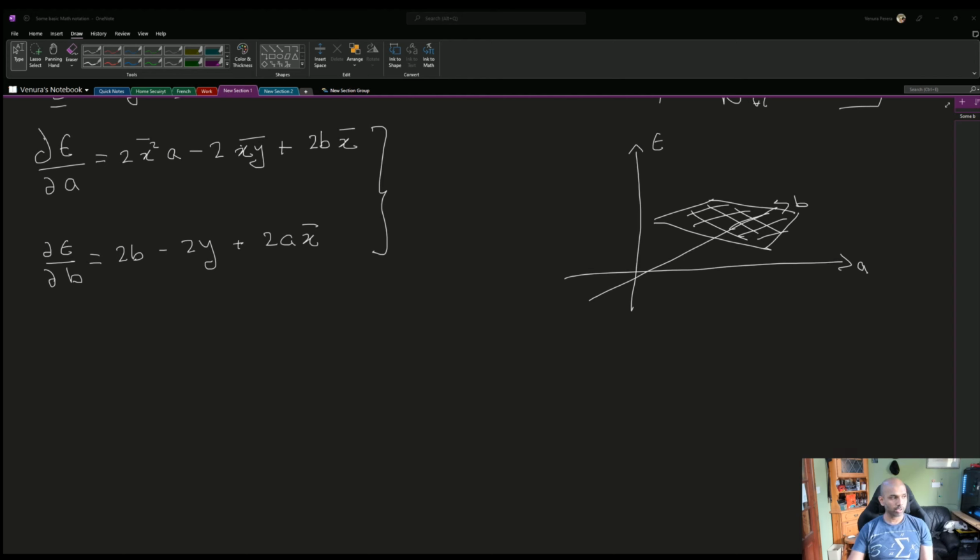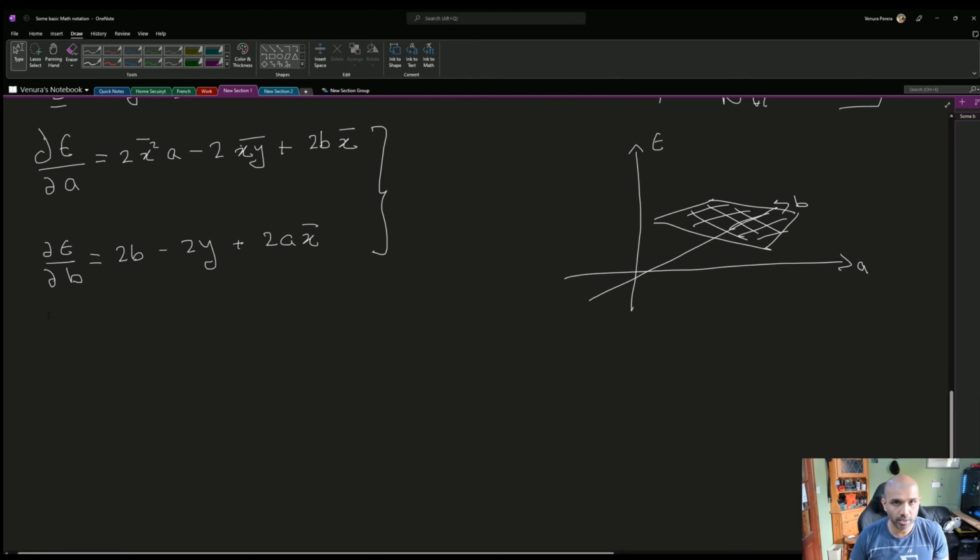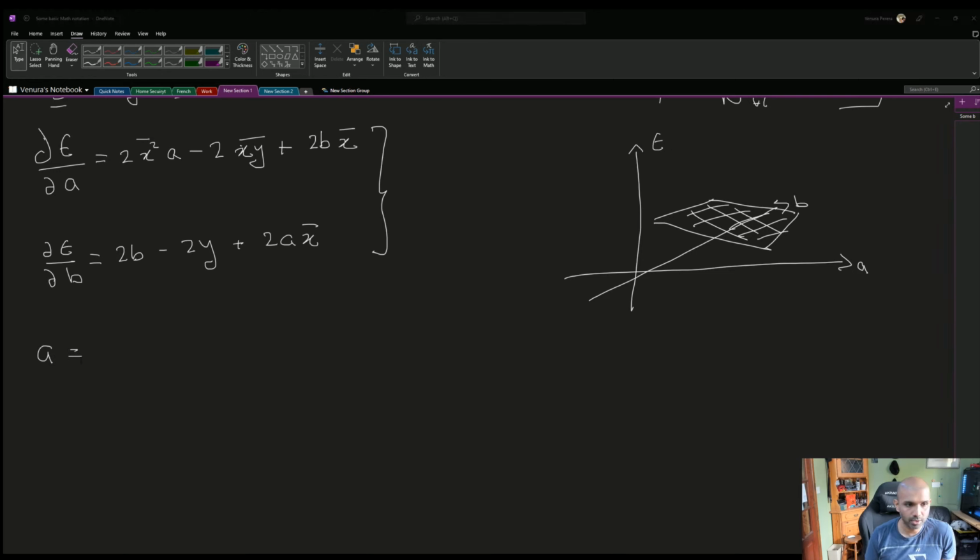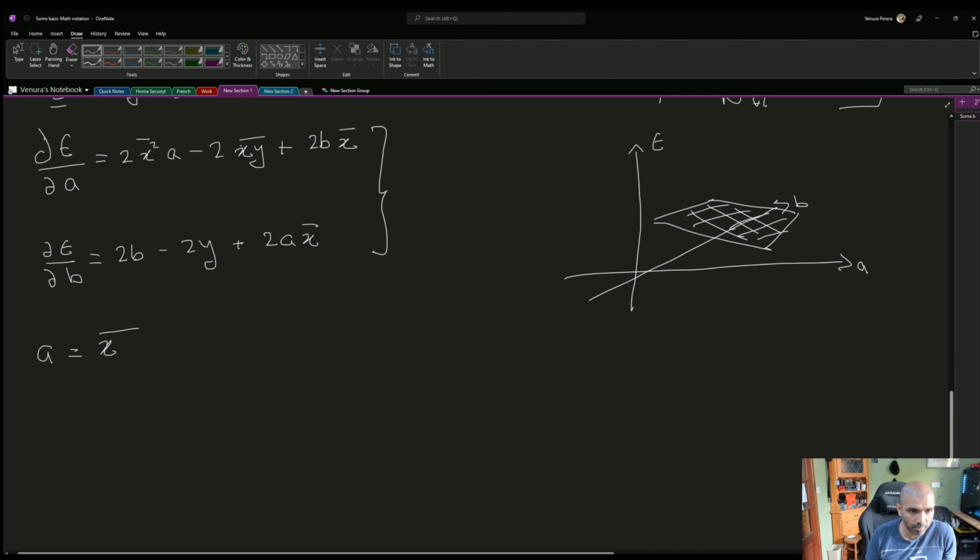Now, if you want to continue working on the math, or if you'd like me to expand on it, please do let me know in the comments or with a direct IM. But basically, our a is going to look like x bar y bar minus x bar y bar, over x squared bar minus x bar squared.